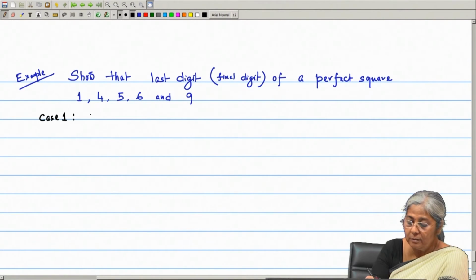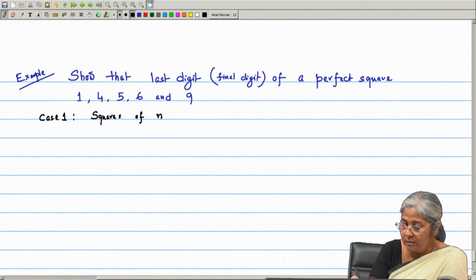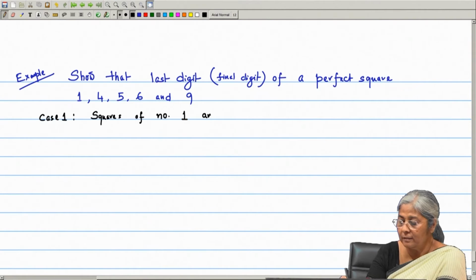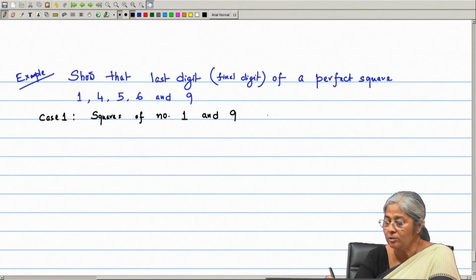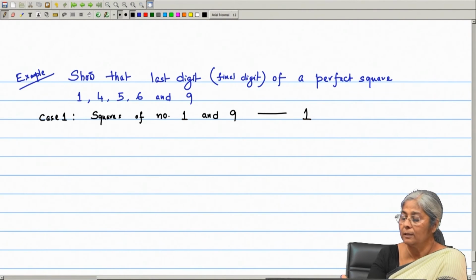I take the squares of numbers whose last digit is 1 and 9. Then the last digit of that particular integer is only 1, because 1 squared is 1 and 9 squared is 81. So, the last digit is 1.